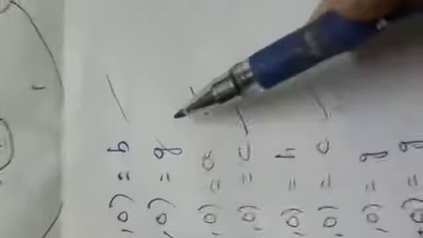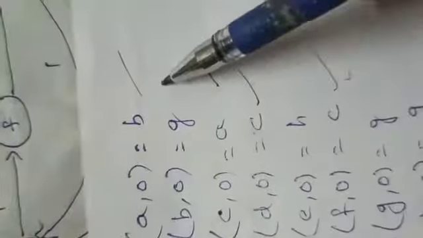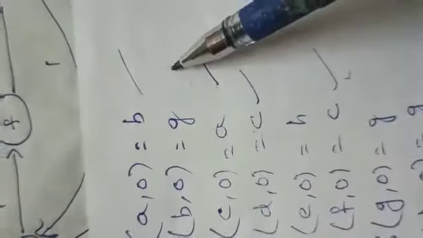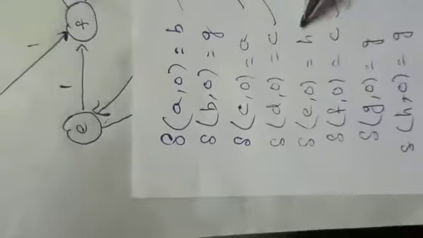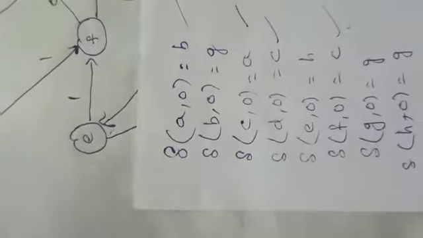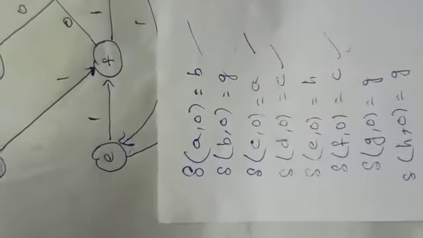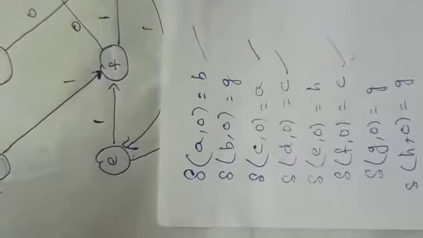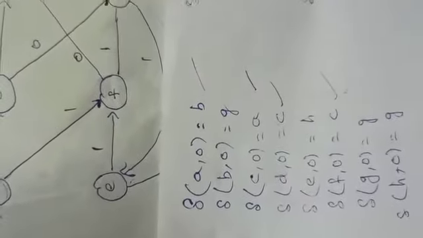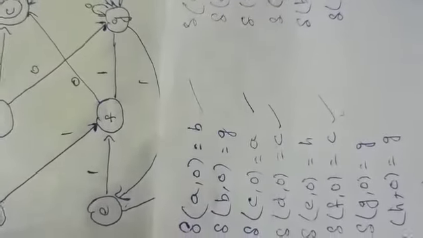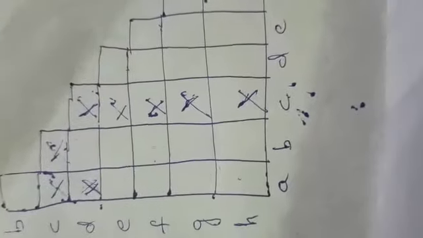Like you have G, then AC is over, GC you check out. Then G and C you can check out. G and C means, what you are getting, del of B comma 0 equal to G, del of D comma 0 equal to C. GC is having an entry or not, you see.